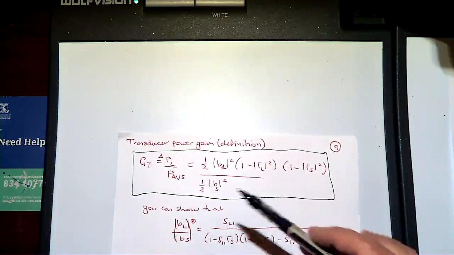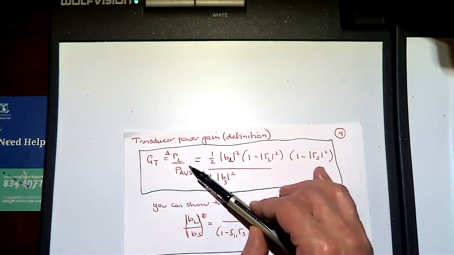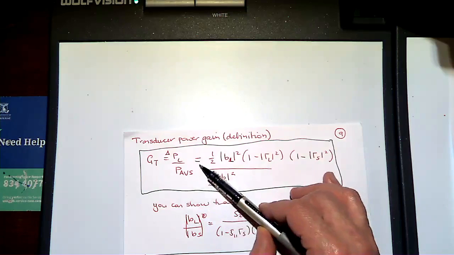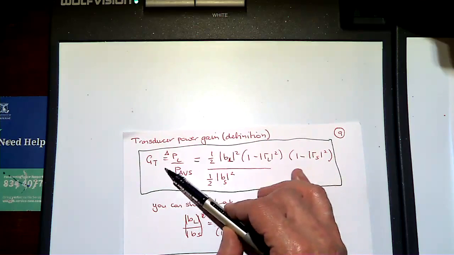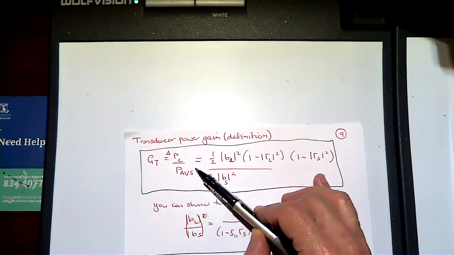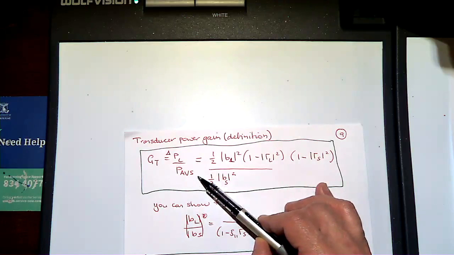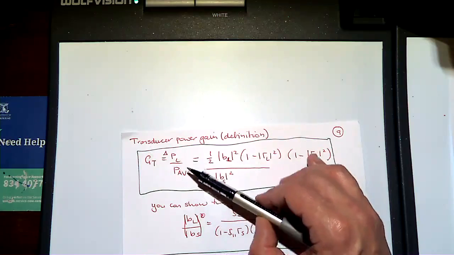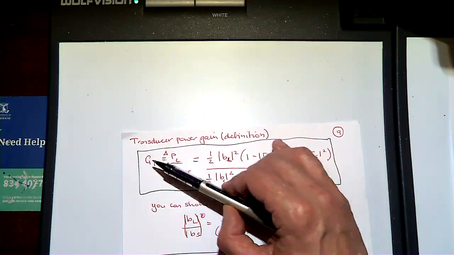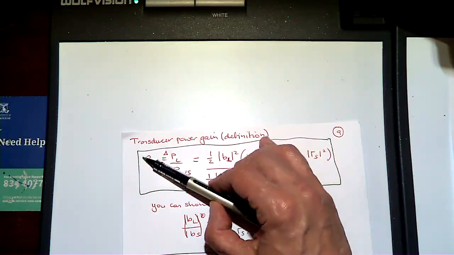This is, if I had the best choice, if I could arbitrarily choose the input impedance to my network, essentially that is the best.